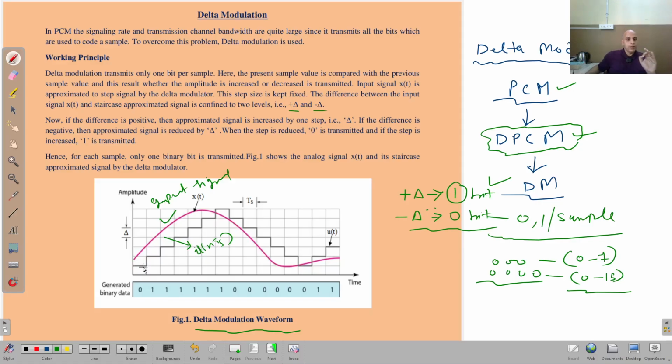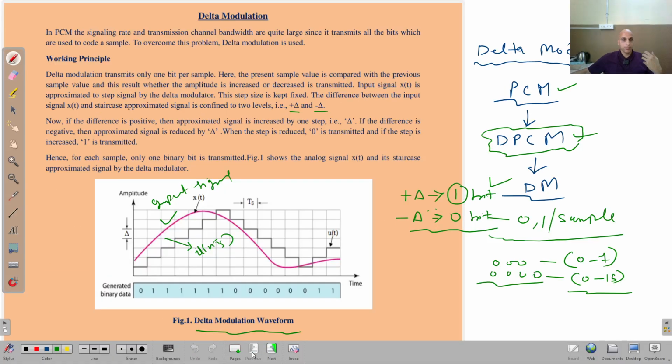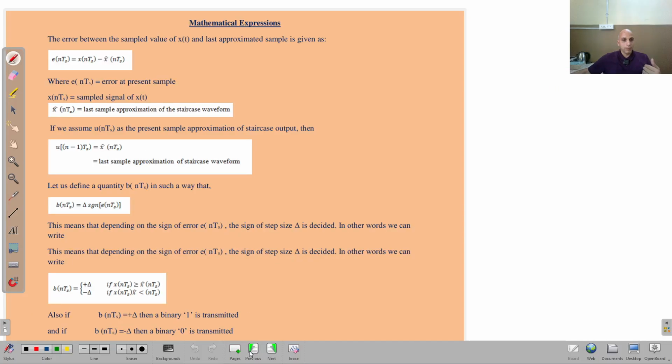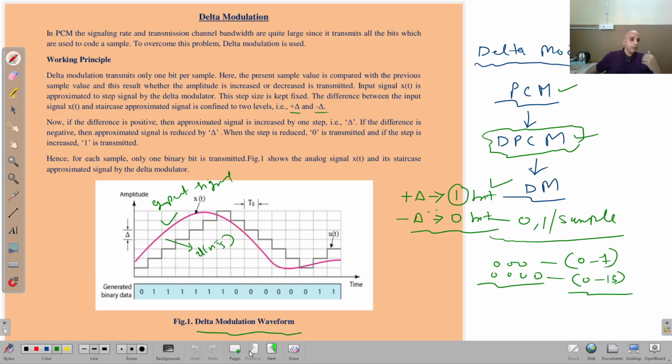So this u(nTs) is a staircase waveform. Every time this staircase waveform goes to the comparator, you can see here, it goes toward this side, then it is delayed by one step, and then it is compared with this. So that's what I am talking about. It is compared with this incoming signal.